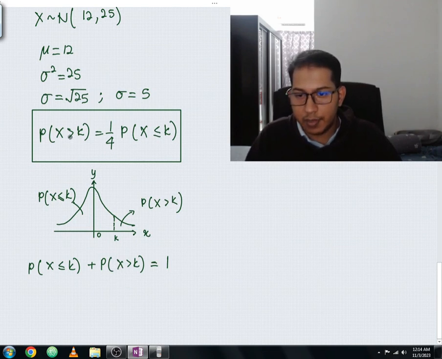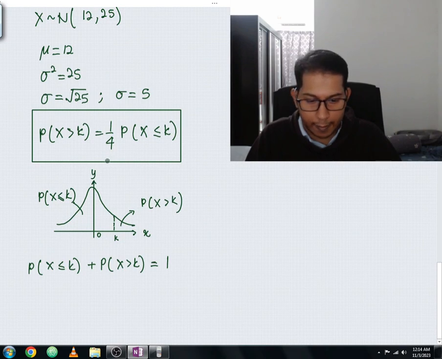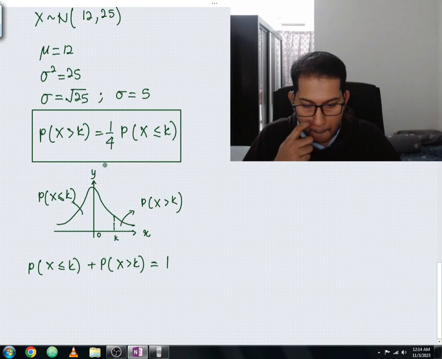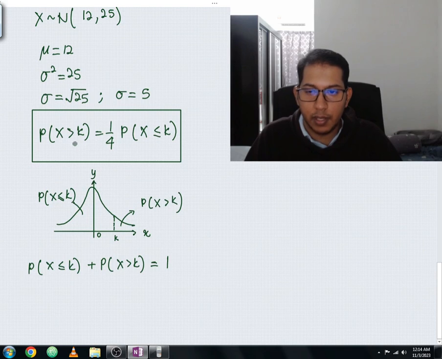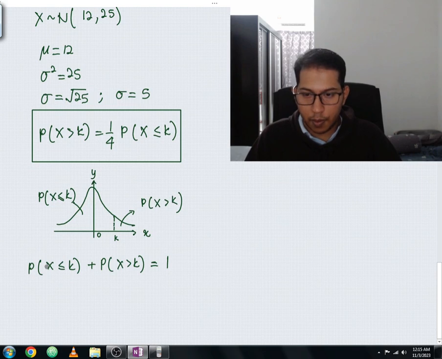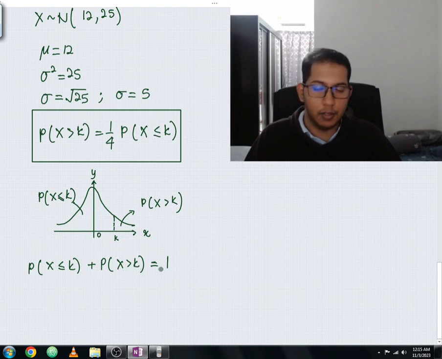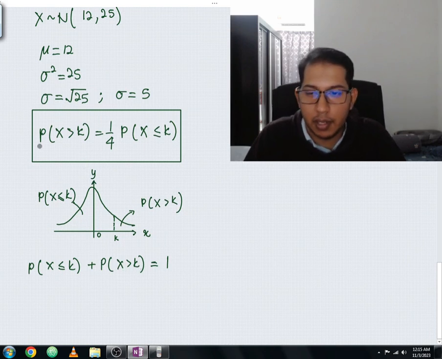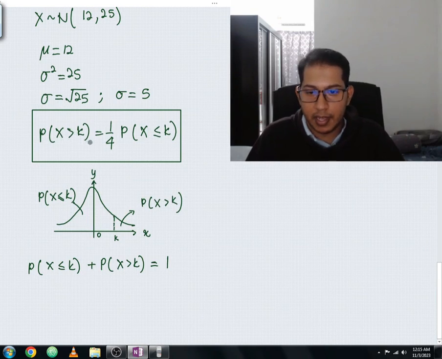In order to relate x more than k, we're going to multiply this 4 over to the left hand side, because probability x less than or equal to k plus probability x more than k is equal to 1, and they gave us the equation that probability x more than k is equal to 1 over 4 probability x less than or equal to k.